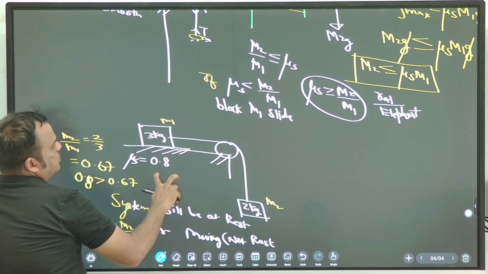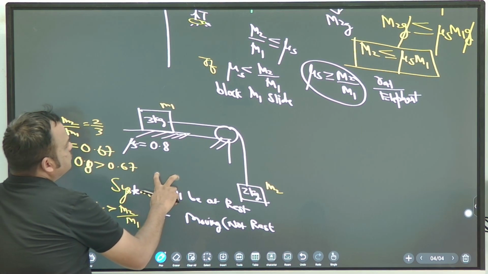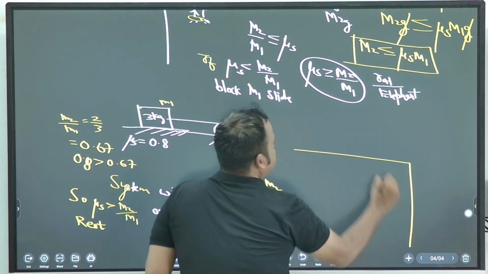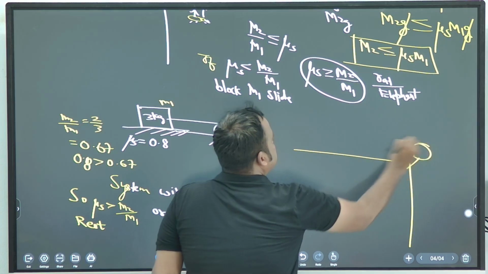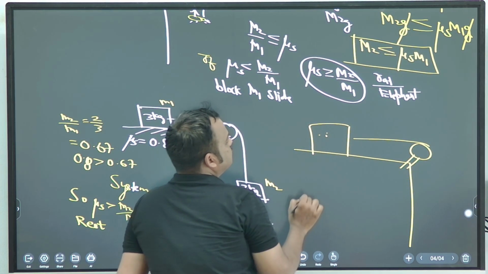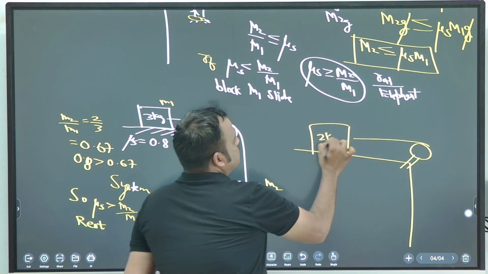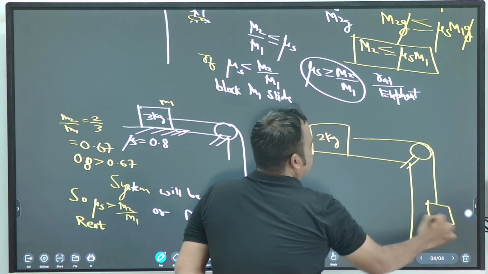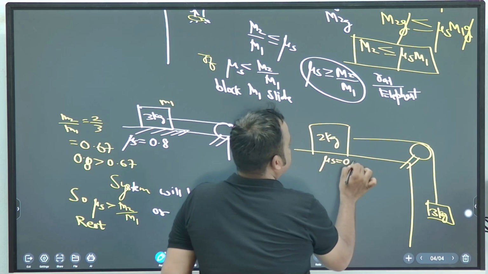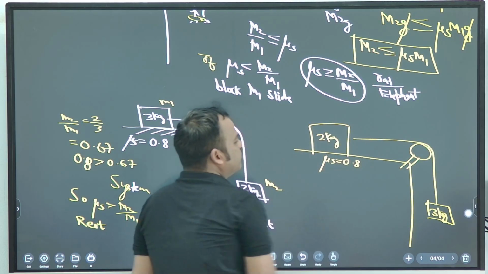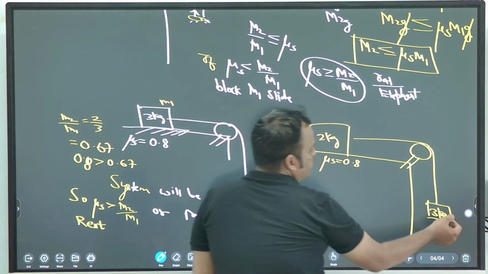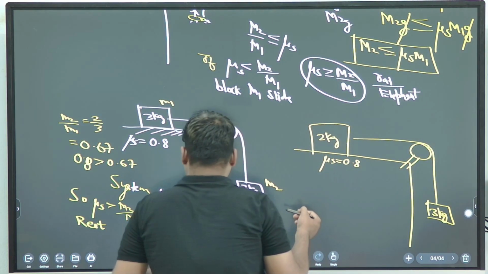Now suppose I interchange it. Here 2 kg, here 3 kg, and mu s is 0.8. Tell me, will the system slide or not? Now this is M2, this is M1.